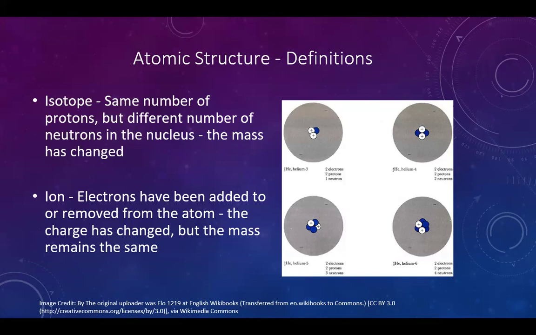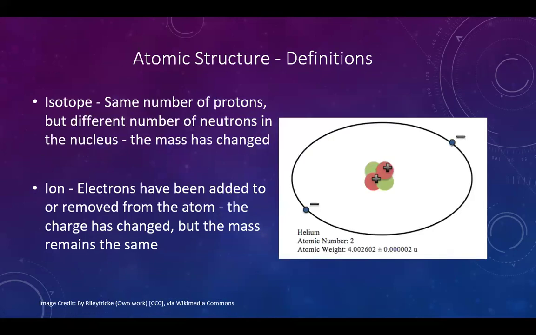So that's one of the ways you can have different types of atoms. Those are isotopes. The other thing you can have is ions. Ions are the same nucleus, but they have a different number of electrons. So this is normal helium. 2 protons, 2 electrons. It's neutral.